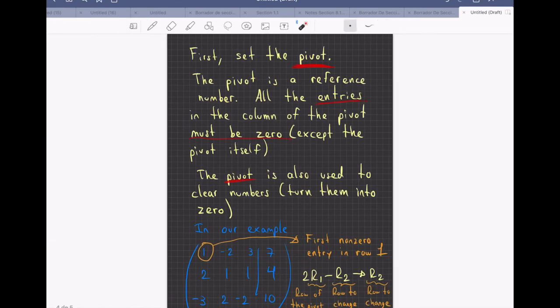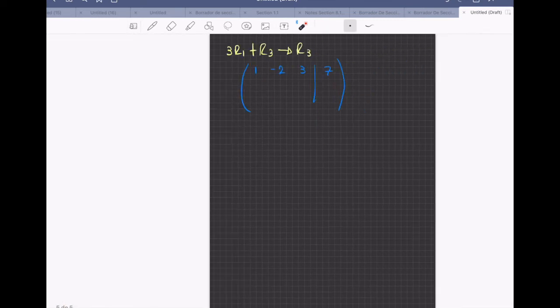But now I have an operation that I have to do: 2 row 1 minus row 2. So multiply row 1 times 2 and then subtract row 2. 2 times 1 is 2, minus 2, 0.